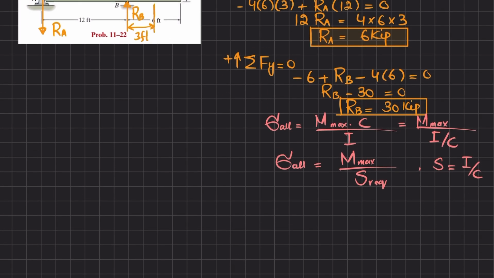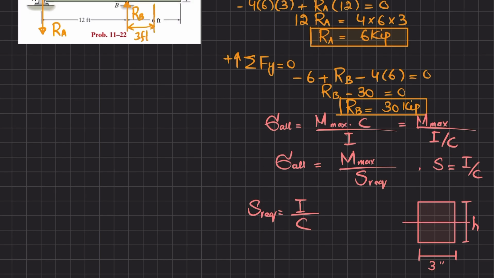We have been given that this is rectangular in cross section, so this thickness is given as 3 inch, and this is the height which we will find, h. So the required section modulus is equal to I divided by C. If I draw the horizontal line, the distance from the neutral axis to the topmost fiber, this is C, which is equal to h by 2.